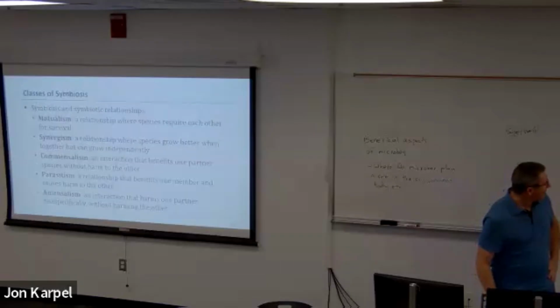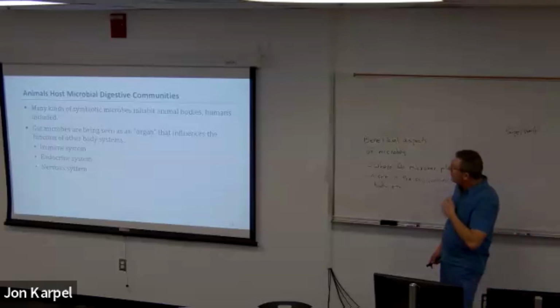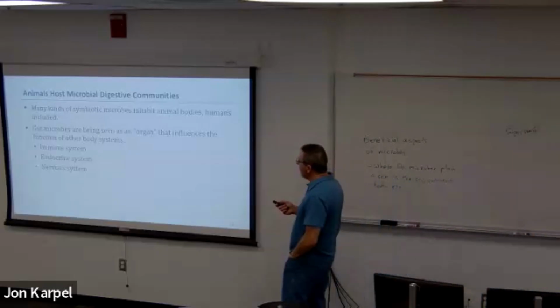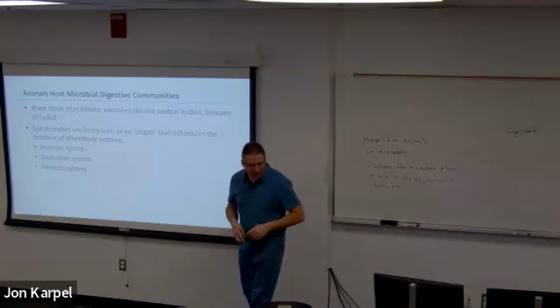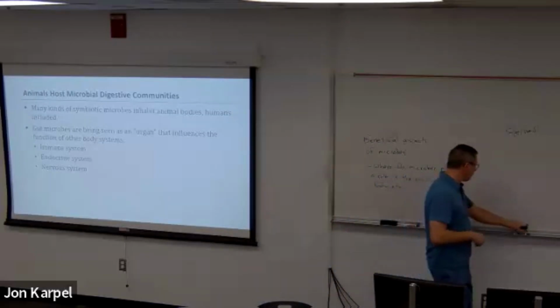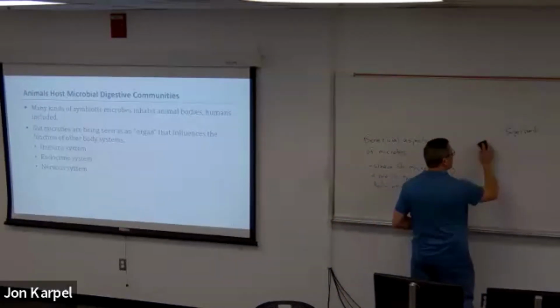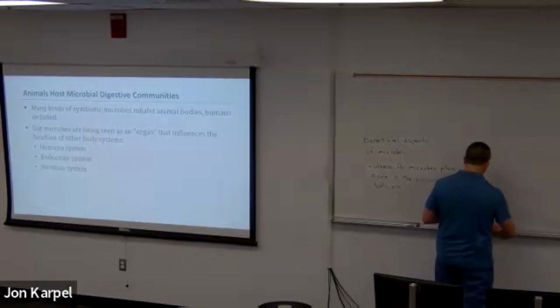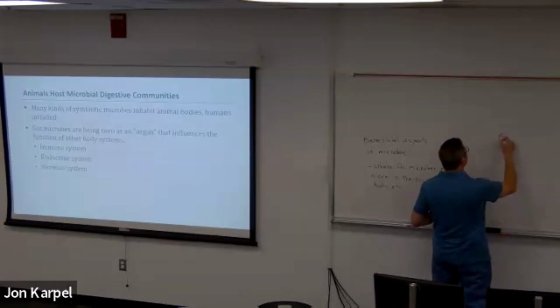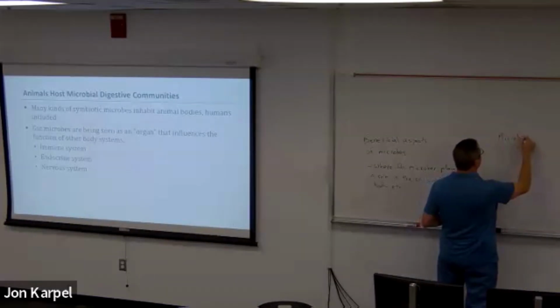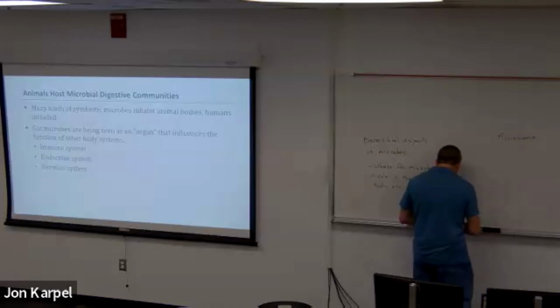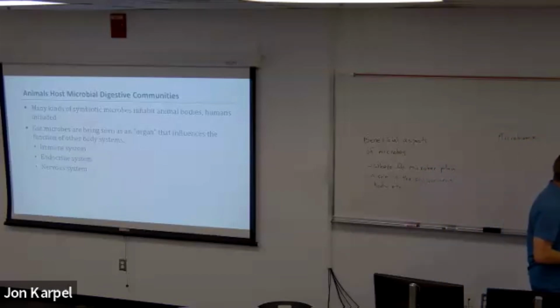Okay, let's see what else. I've mentioned that microbes are part of the microbiome. This is a class of organisms that they call an organ here, which is probably a good definition now.